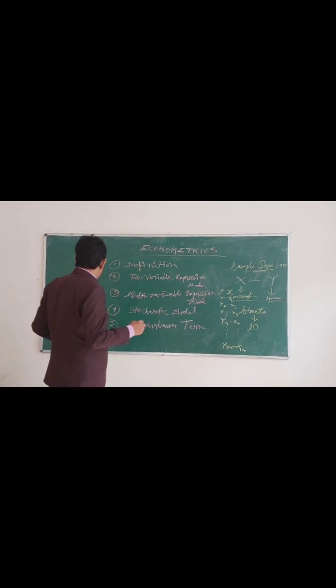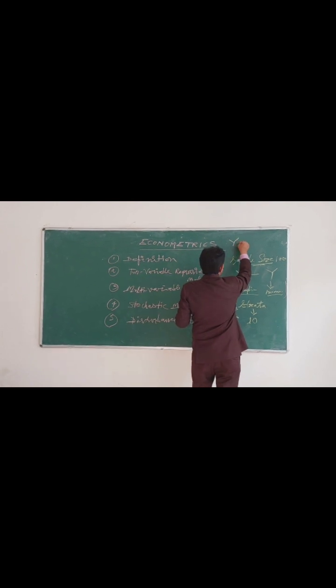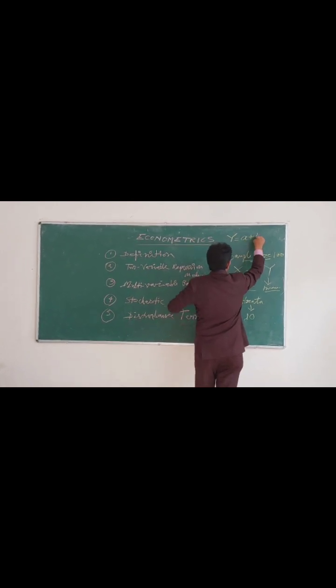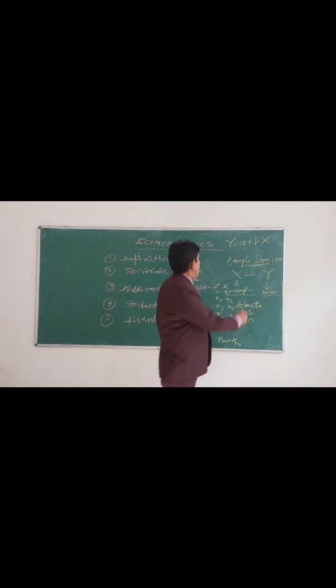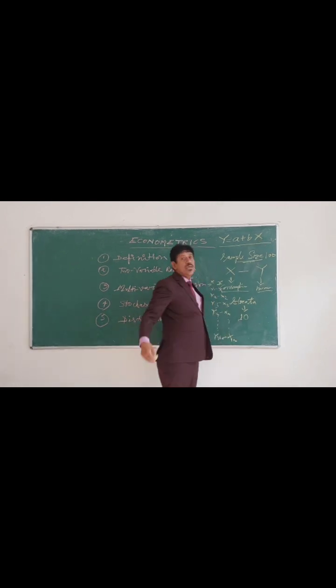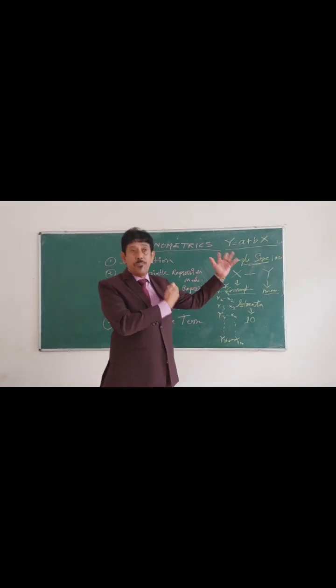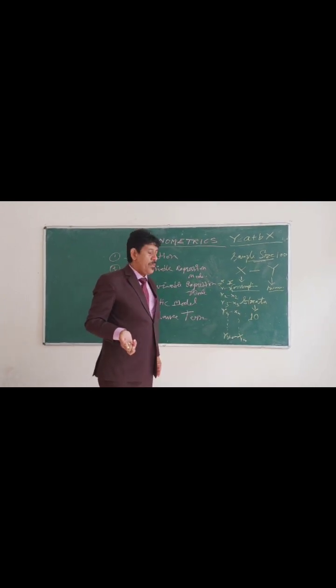The two variable regression model is written as y is equal to a plus bx. This is the two variable regression model: how consumption is influenced by income. Here y is known as the dependent variable and x is known as the independent variable.